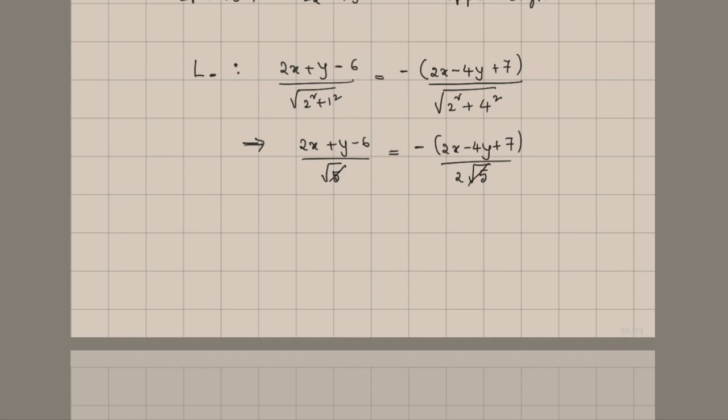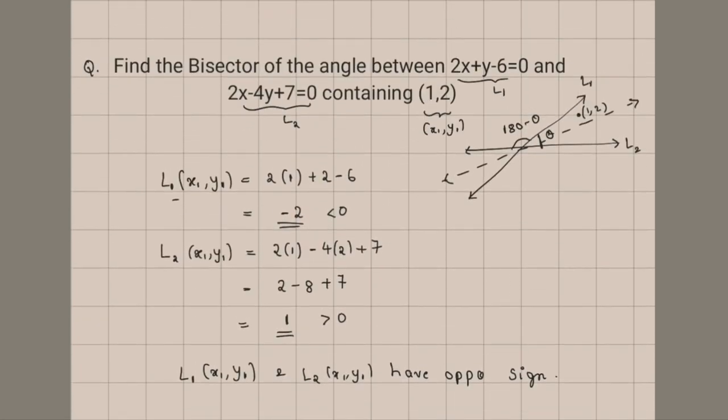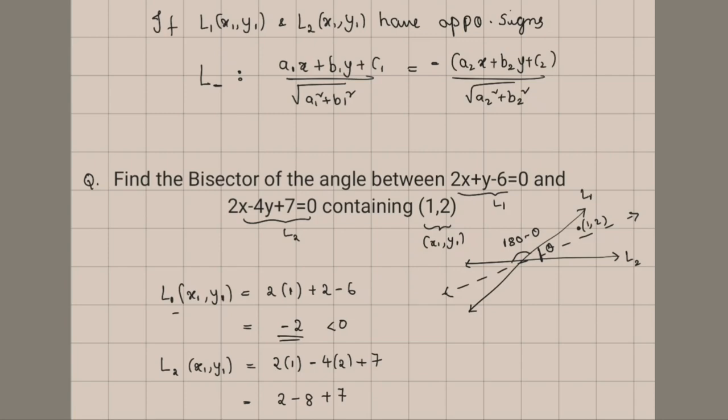Root 5 gets cancelled. If you do this, you get 6x minus 2y minus 5 equals 0. So this is the bisector of this angle theta, which contains (1, 2).